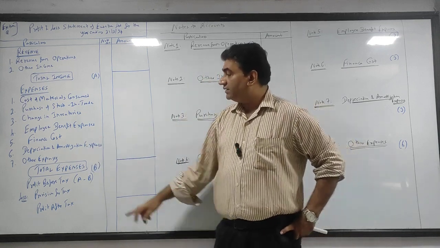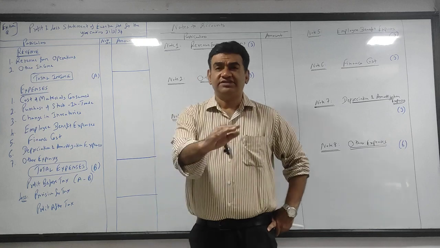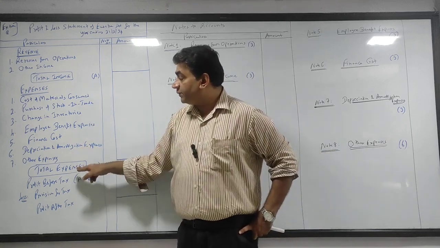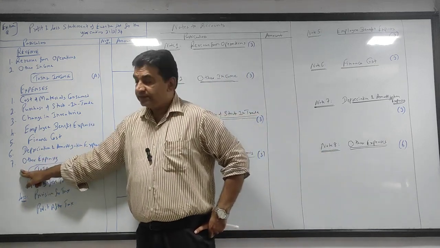And the last one, other expenses. Now see, very simple. Other expenses, number 7, correct?